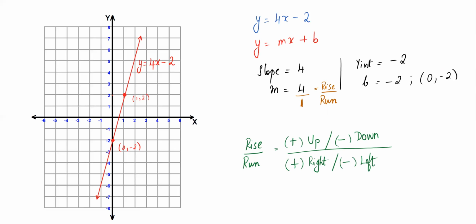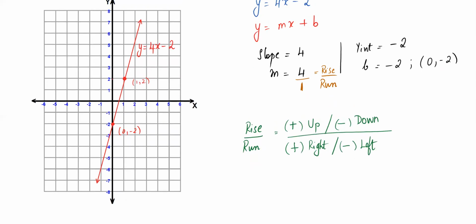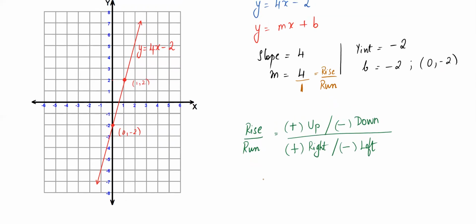So just to run this idea with you, let me say your m was -1/2. So you have a -1 as your rise, which is on the top, and 2, which is your run, which is in the bottom. Negative on the top means you have to go down, right?